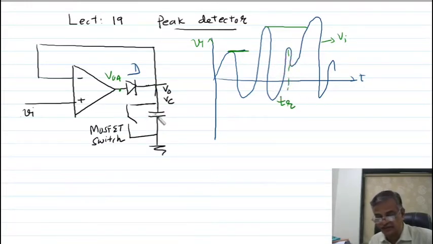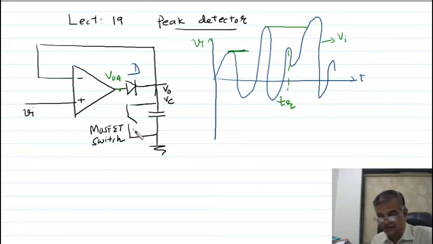This peak is not detected by this circuit, because the capacitor already has a higher voltage than the input voltage, so the diode is in reverse bias. So if you want to detect this peak, the capacitor should be discharged with the help of the MOSFET switch.